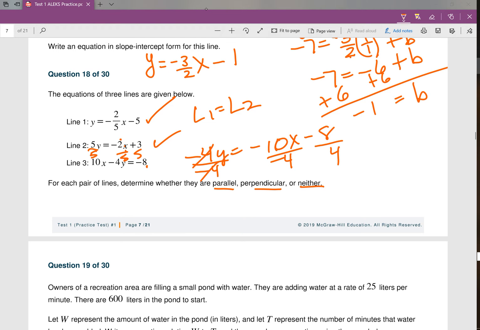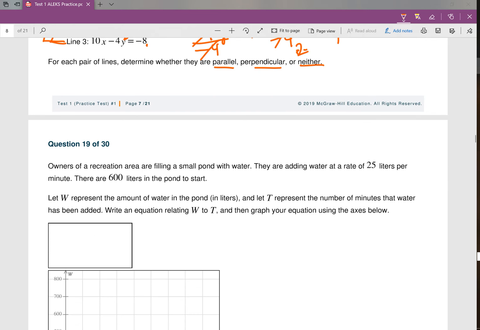So this cancels. This gives me 5 over 2x. So is it a negative reciprocal? It is. So these two are perpendicular, as are these two technically, right? Alright, and then neither, I don't think you have a neither application for that.